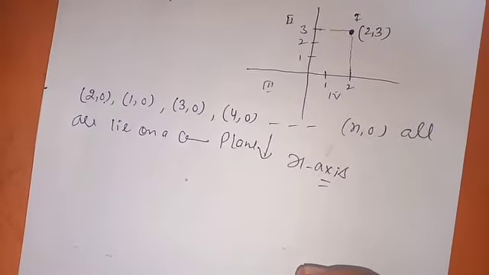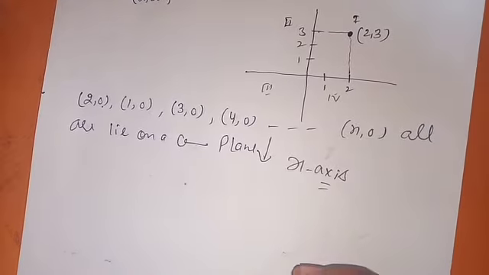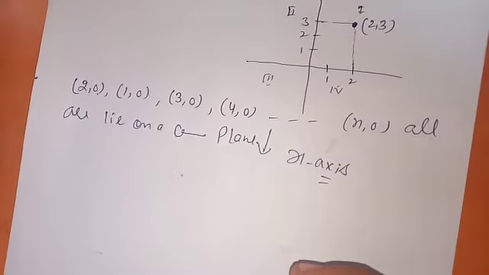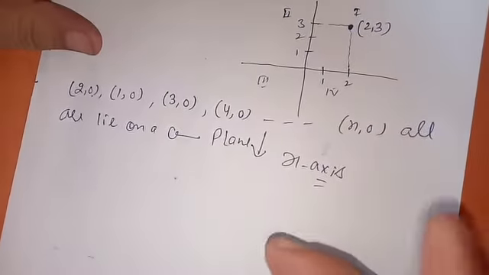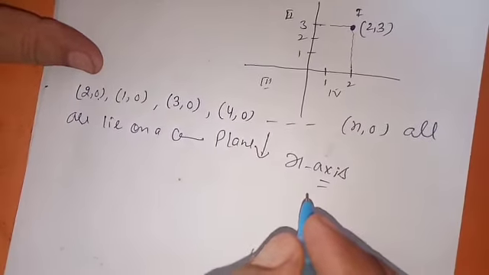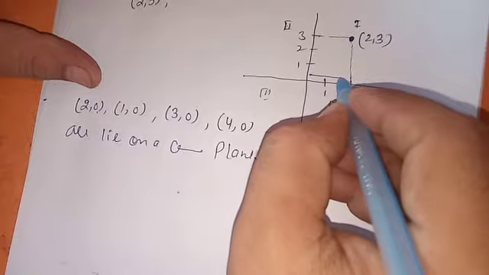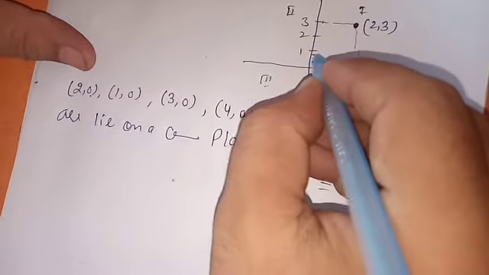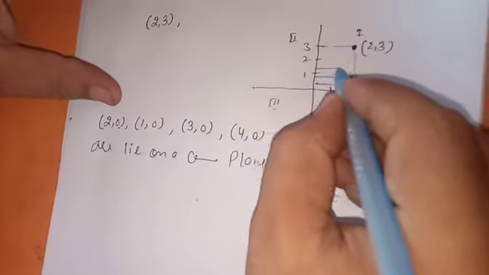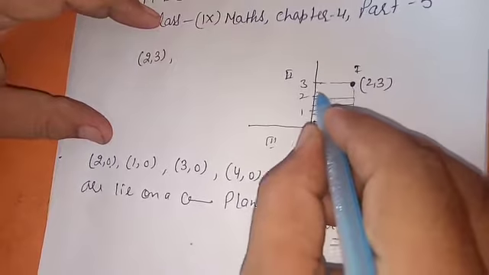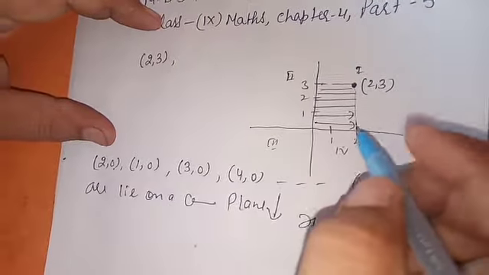So the next question is: how can we write the equation of the coordinates which lie on the x-axis? What is this? This is the distance from where? Distance from the y-axis.